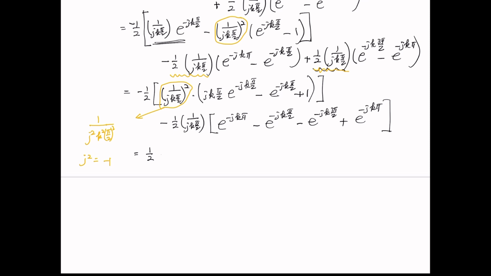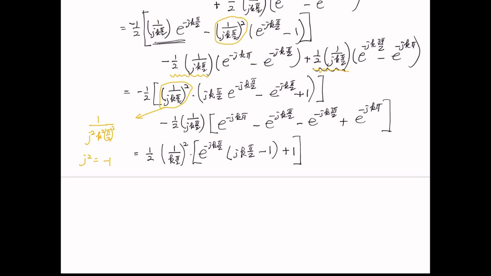And then the rest is 1 over kπ/2, so still squared. Put it back squared there. And then if we take out e to the negative jkπ/2, then we have a jkπ/2 minus 1 and then plus 1 outside.